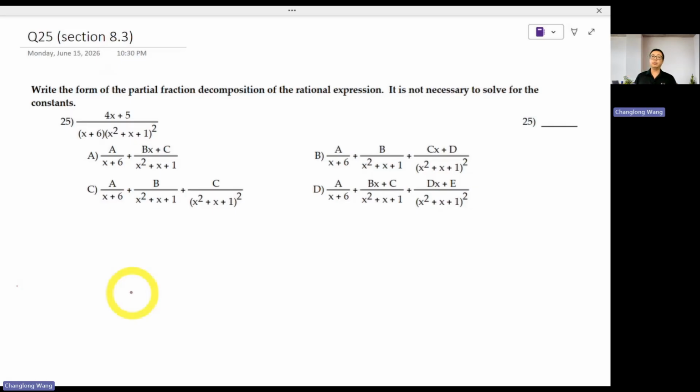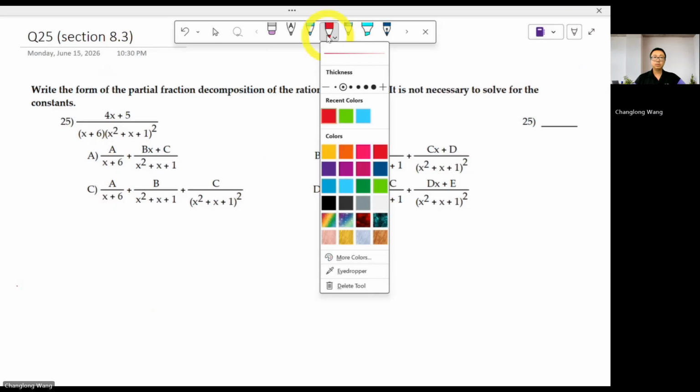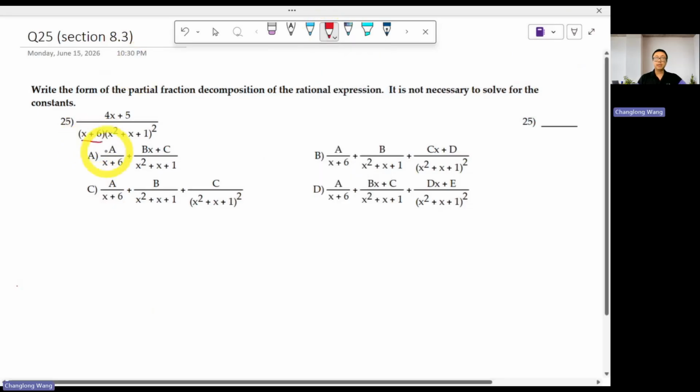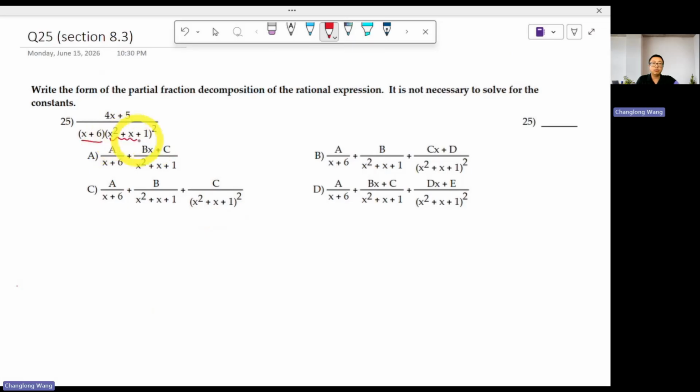They're targeting either the linear factor, like x plus 6, whether it's been repeated or not, and quadratic factor, with or without repeating, and things could be mixed, just like in this case. Therefore, you shouldn't really have any issues with a question like that. I think that the answer should be letter D.